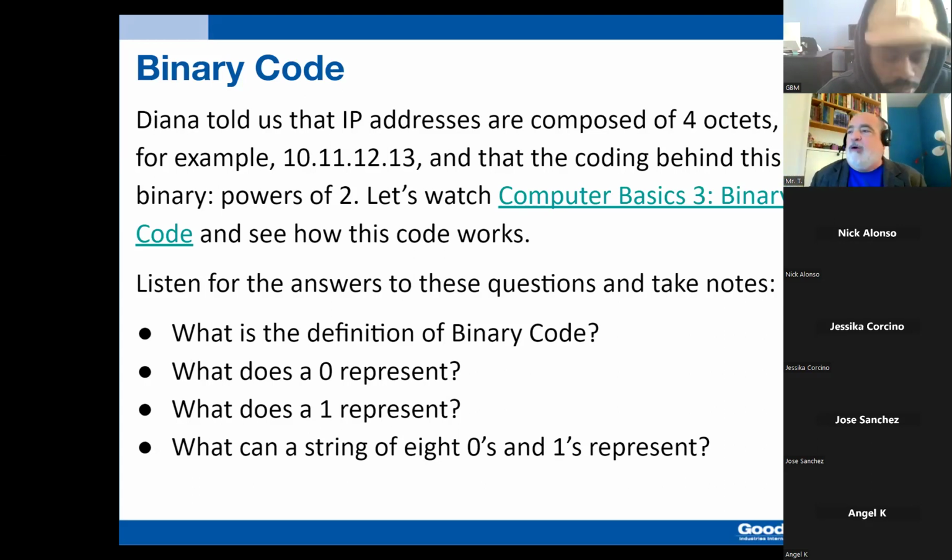Okay, and what can a string of 8 zeros and 1s represent? It's any letter, number. Yeah, if you have a string of 8 of them, it can represent any letter, number, symbol, command. So if the letter A has a byte behind it, a string of 8 zeros and 1s, the letter T has another different string of 8 zeros and 1s.